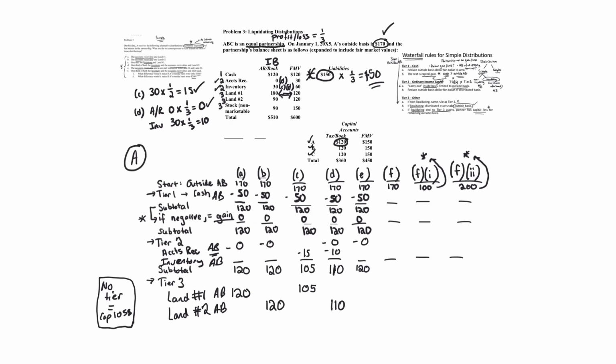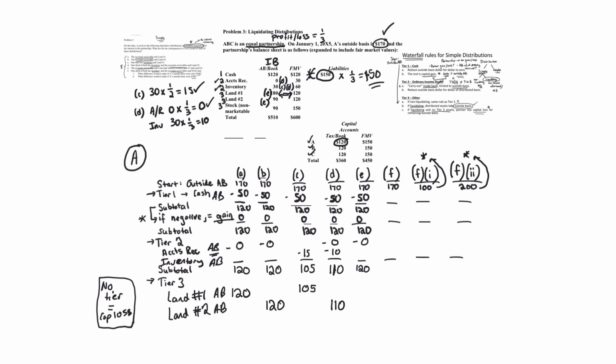Land number 1 was purchased at 180, right? That was the basis, and the value has gone down, so it has declined. So we call it substantially depreciated in value, okay? So we've got 180 basis of land 1 and 90 basis of land 2.